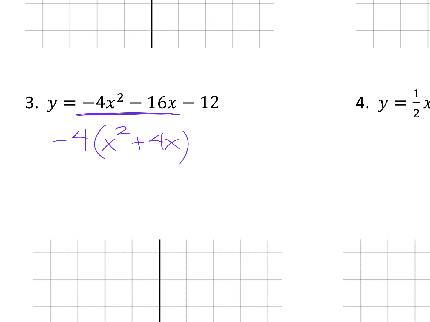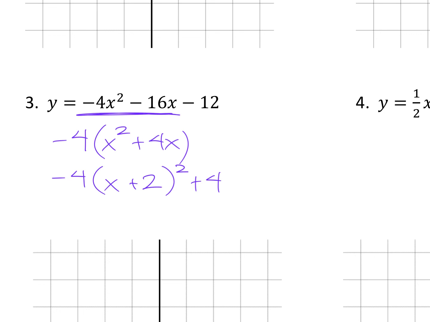Then this is going to be x and what? Plus 2 squared. If that 2 is squared, it gives me 4. Negative 4 times 4 is what? Negative 16, but I need it to be negative 12, so I have to add 4.